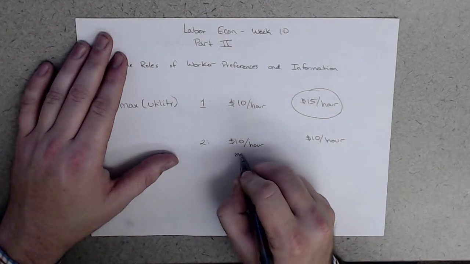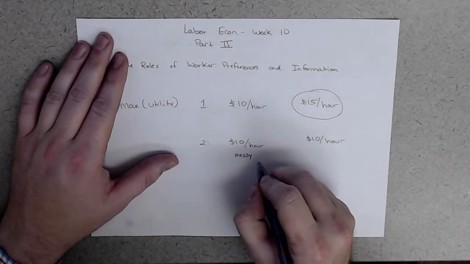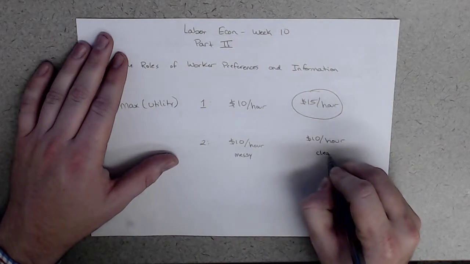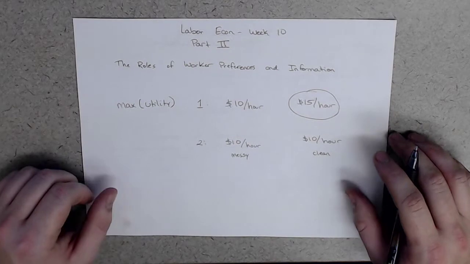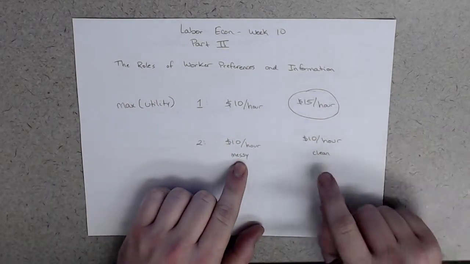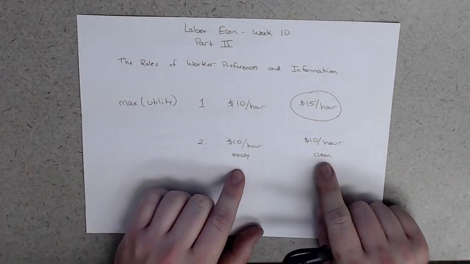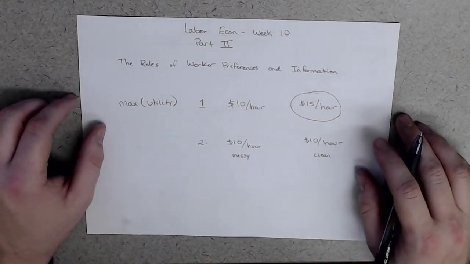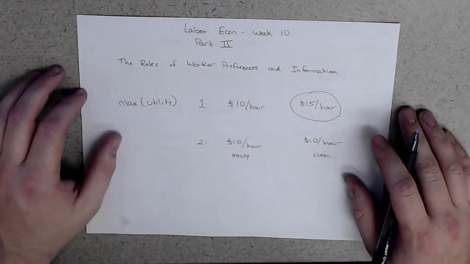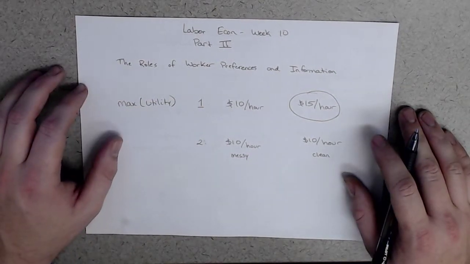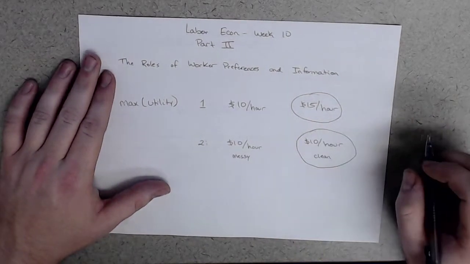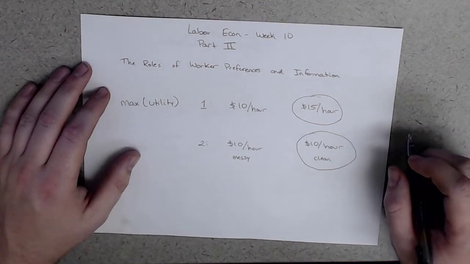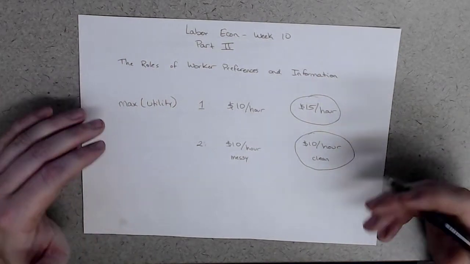But this one's a messy environment, and this one's clean. Everything else about the jobs is exactly the same. So we have one place that's messy, one place that's clean, and everything else about them is exactly the same. Which one do you think people are going to want to work in? Well, we should probably expect that most people will, all other things being equal, choose the clean one, or think of it as a nice working environment.